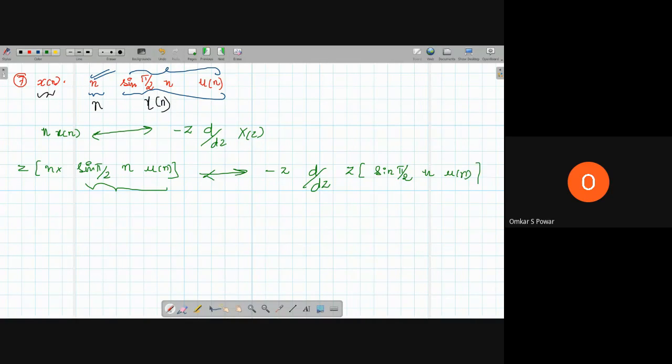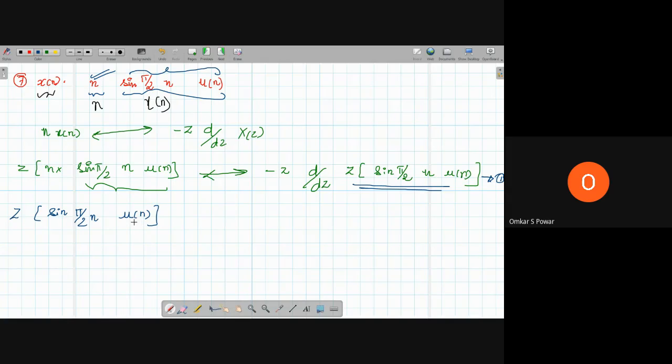So what's our major work here? To find the z transform of this term. Let us solve this one and substitute in equation number 1. So we have to find the z transform of sine (pi by 2 into n) into u of n.